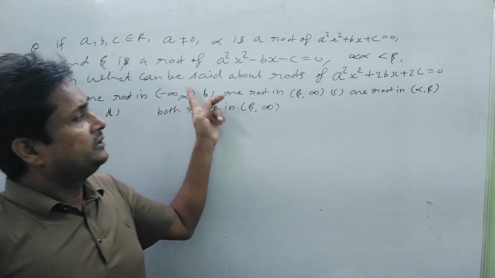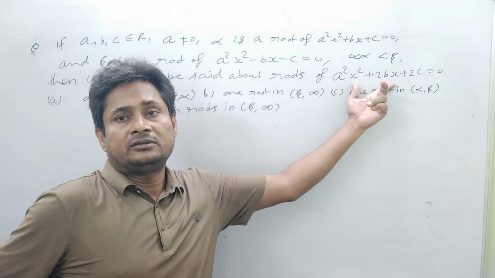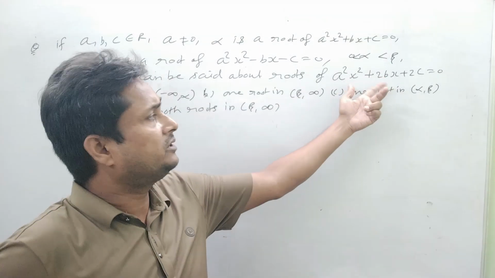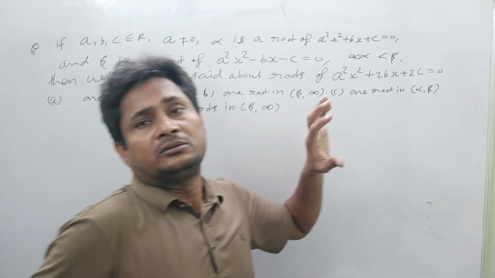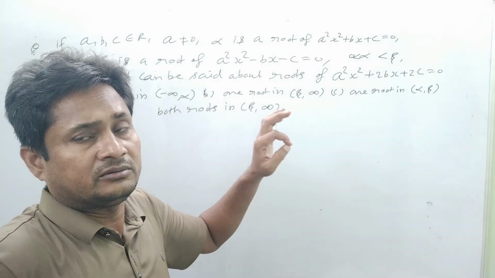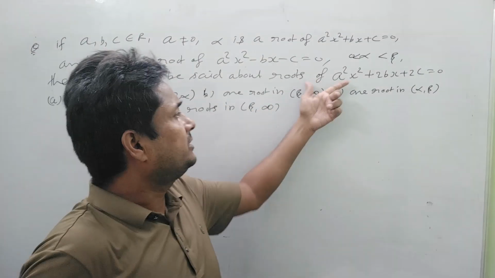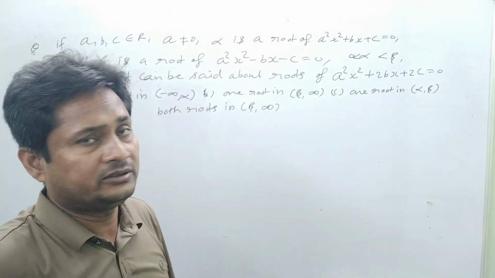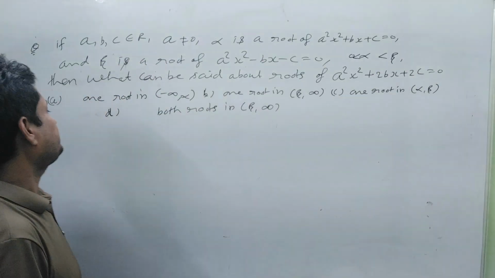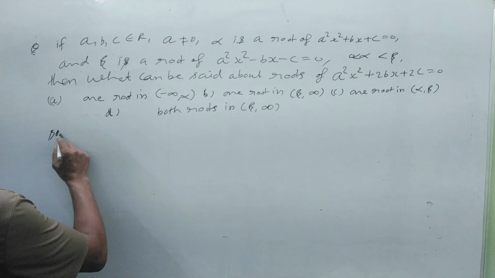Then we have to find in which interval the roots of the equation a²x² + 2bx + 2c = 0 lie. These are the four options given. We have to decide. Now see here how to solve this type of question.